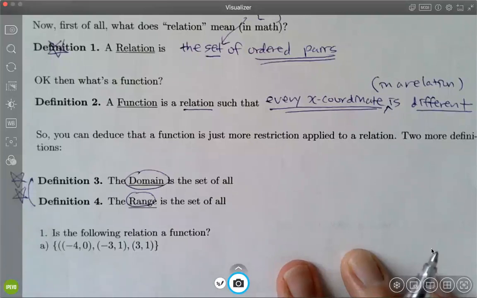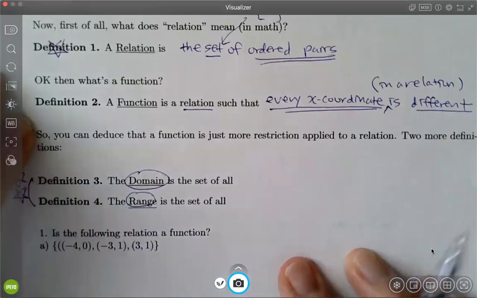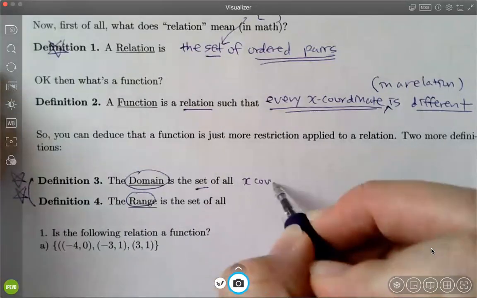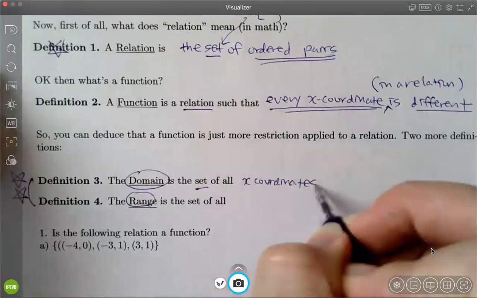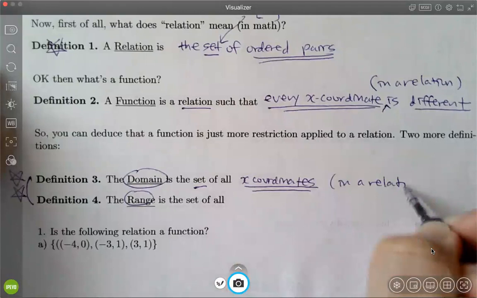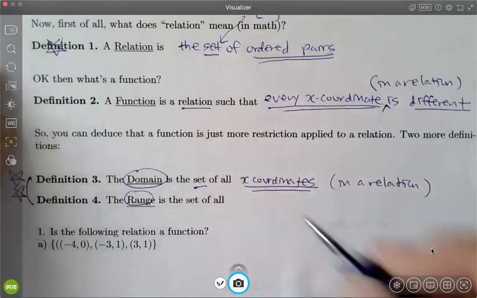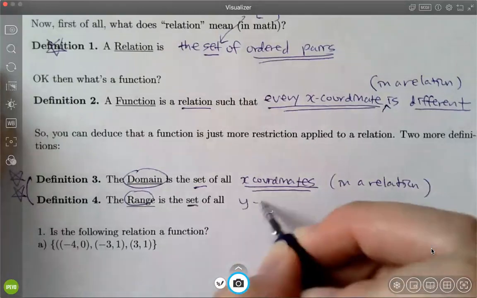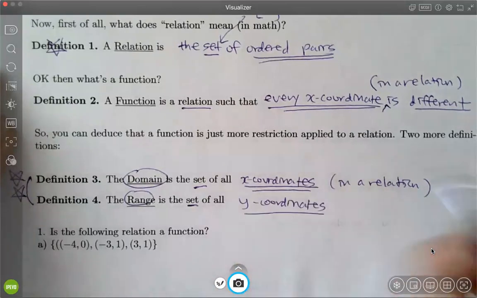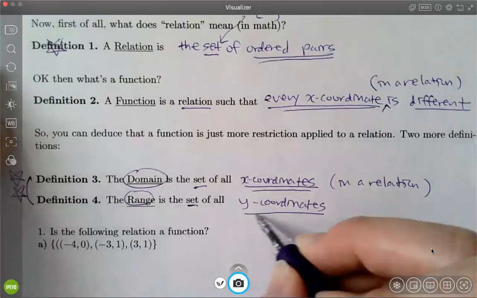Right, the domain is x. So it's the set of all x coordinates in a relation. And then the range is the y values. So range is the set of all y coordinates in a relation as well.